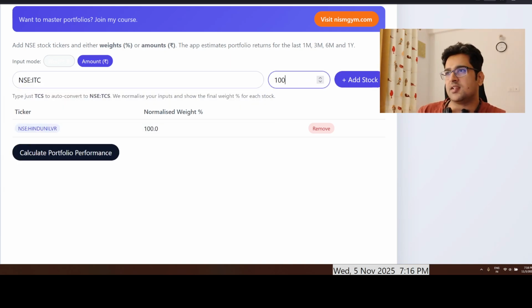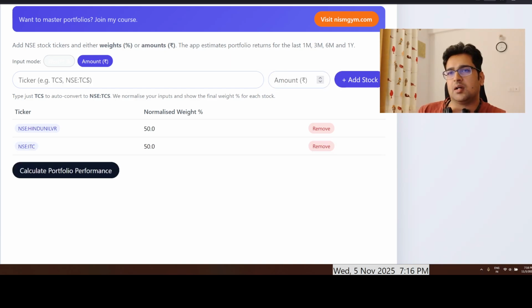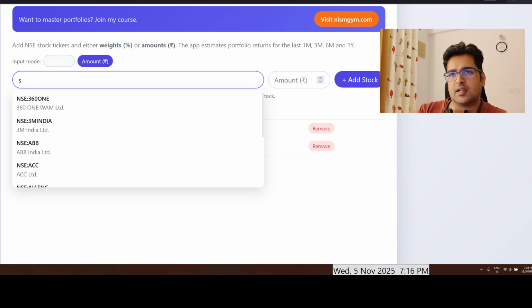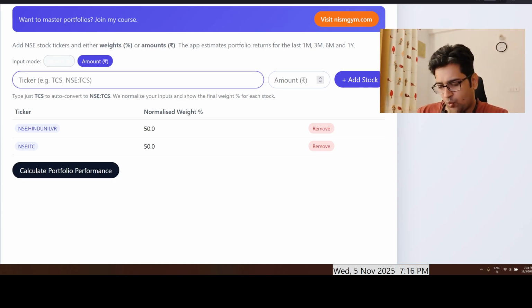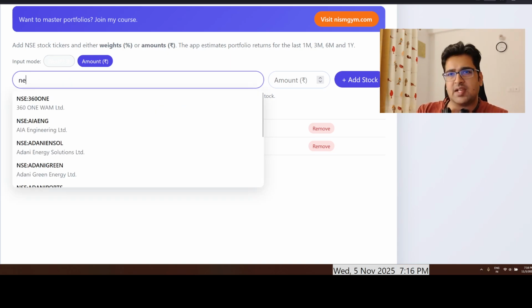That will give me ITC. And for good measure, just to make sure that we're capturing the consumption basket, let's add some other interesting names also here. Let me just think about what would be a good inclusion in the consumer basket. So let me just do Nestle maybe.